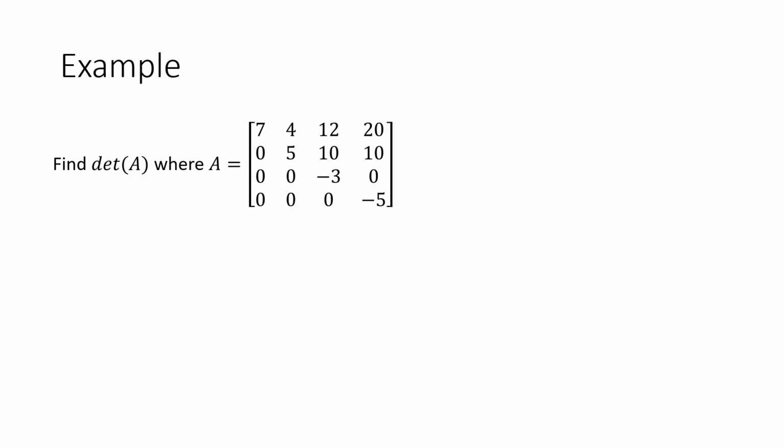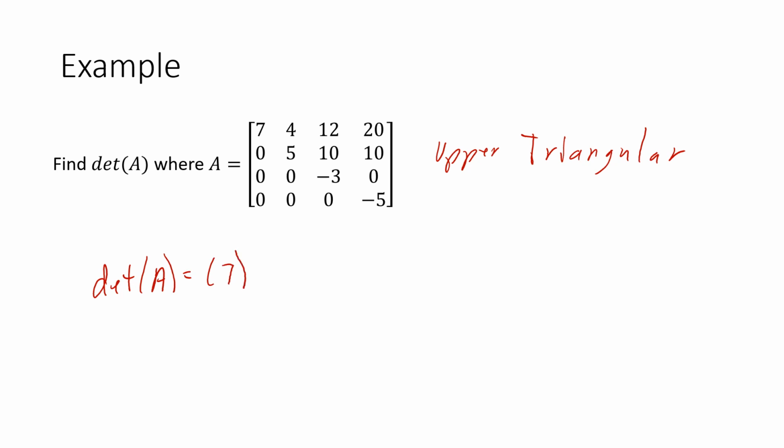Another example. We want to find this determinant. Well, we just have to take a quick look at the matrix. It is an upper triangular matrix. So because it's upper triangular, we can get the determinant very easily. The determinant of A is equal to 7 times 5 times -3 times -5. Multiply these all out.